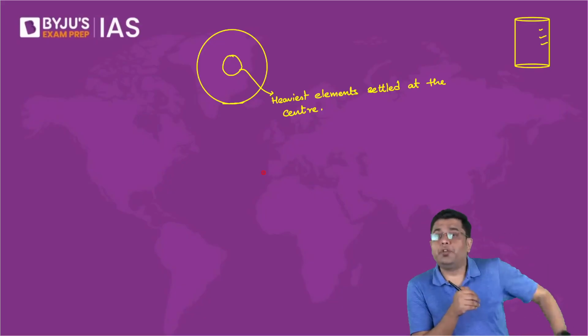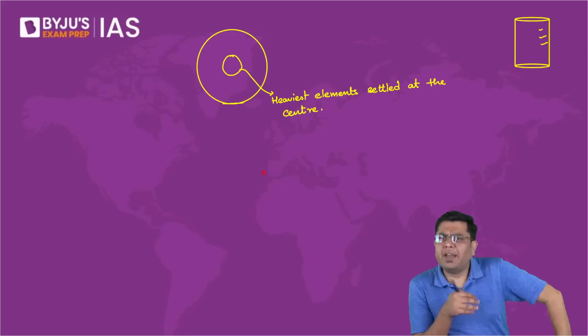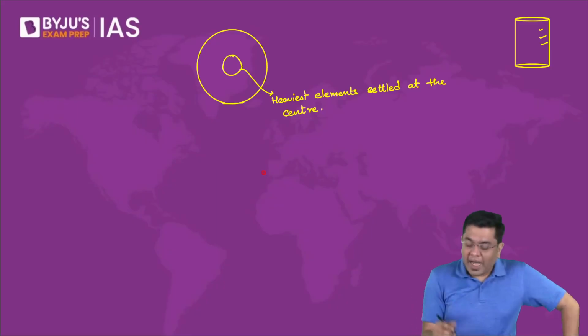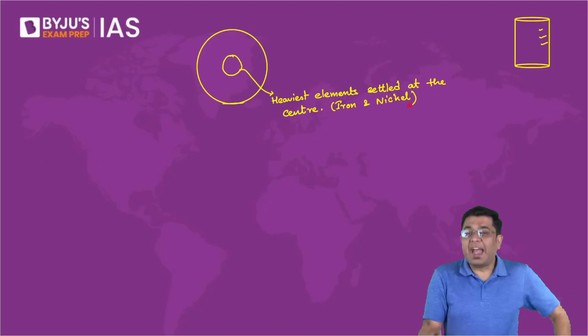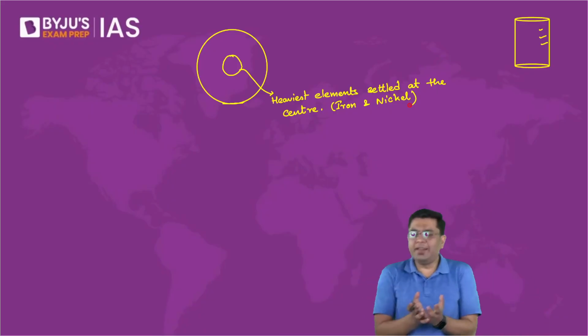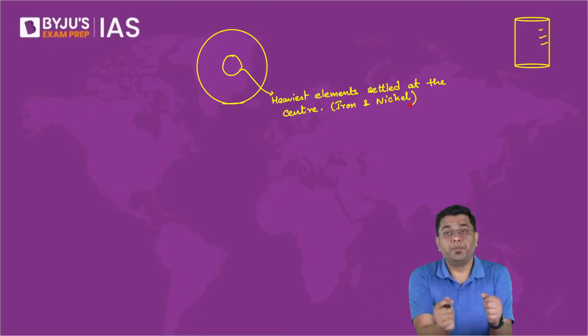At that point of time, you did not have enough uranium, you did not have those heavier elements. The heaviest elements which were present were actually iron and nickel. So, iron and nickel being the heaviest ones, they started settling down, and they started concentrating themselves around the bottom.